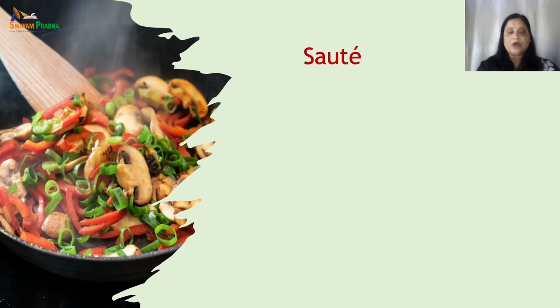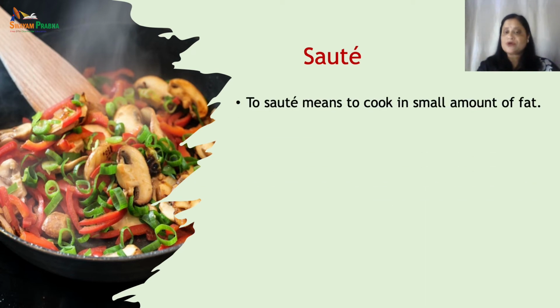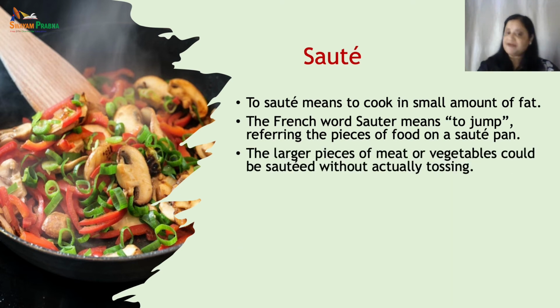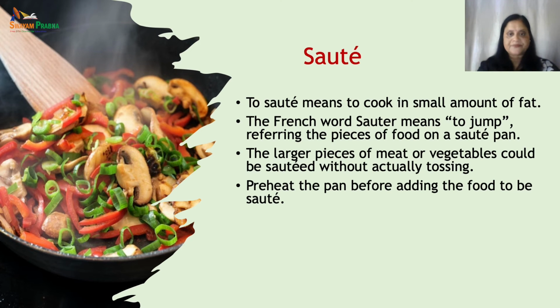Let's learn about sauté. To sauté means to cook in a small amount of fat. The French word sauter means to jump, referring to the pieces of food jumping in a sauté pan. However, larger pieces of meat and vegetables could be sautéed without actual tossing.